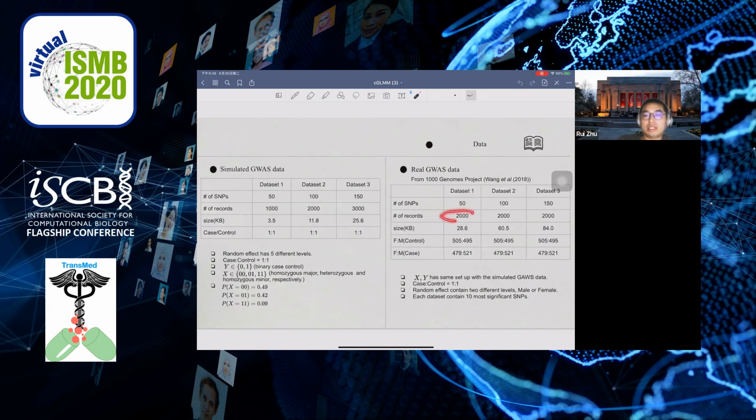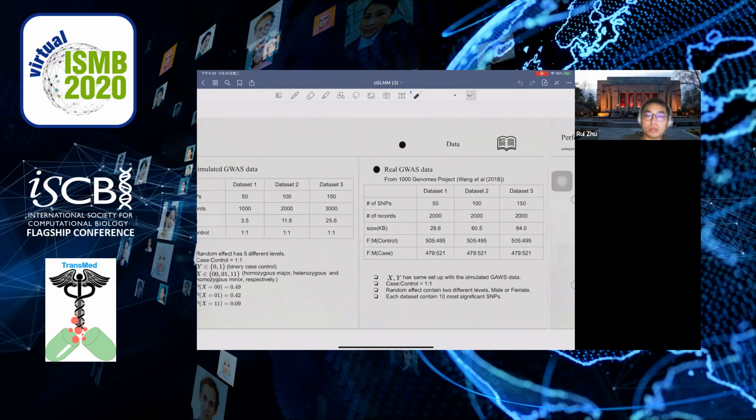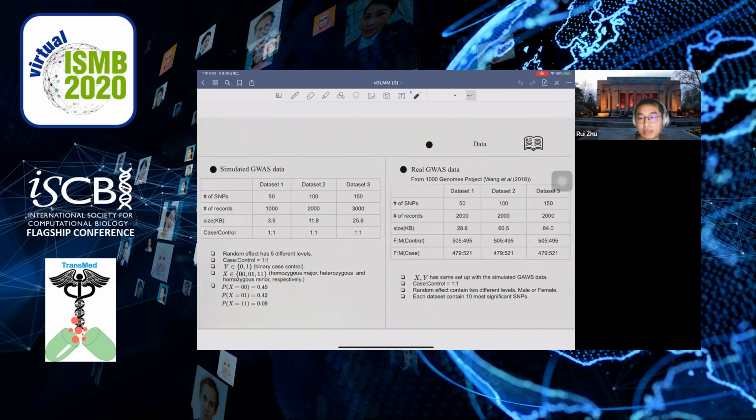And all the data sets have 2000 records. The response Y is 50% positive and 50% negative. Also, in the real data set, the random effect only has 2 levels, male or female. And here's the ratio of female and male, so almost 50-50.